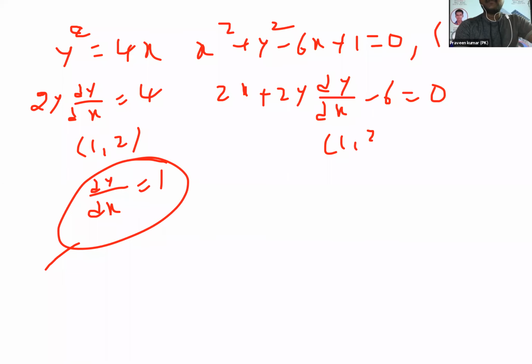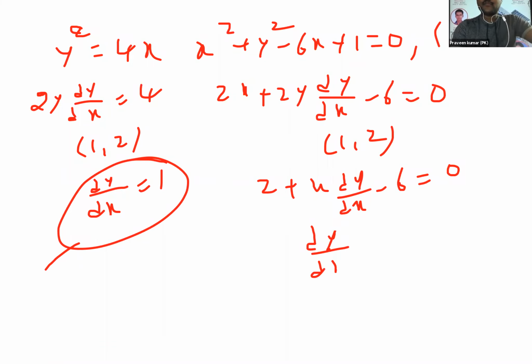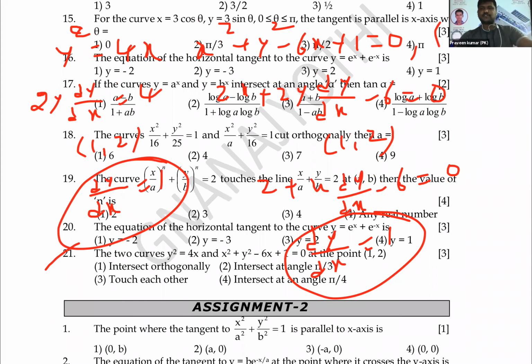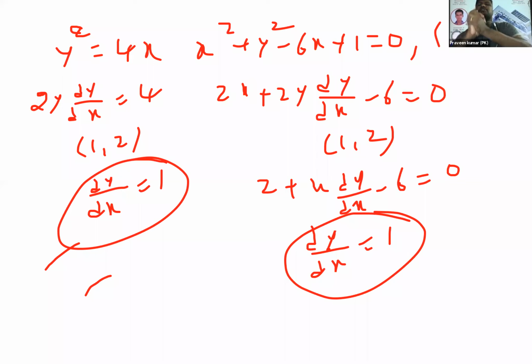Substitute 1, 2 in place of x and y. 2 plus 4 dy by dx minus 6 equal to 0. So dy by dx equal to 1. Both are equal. Both equal means what is the condition? Touch each other. In the previous 19th question also we discussed this. Touch each other means both slopes are equal. So here also both slopes are equal, which means they touch each other. That is the concept.